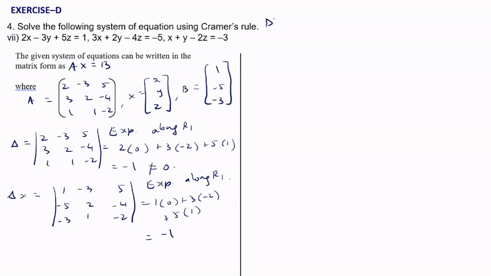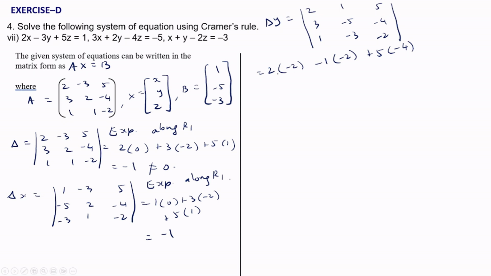Next we have delta y. Delta y is 2, 3, 1, 1, minus 5, minus 3, 5, minus 4, minus 2. So this is 2 into, here we have 10 minus 12, which is minus 2, minus 1 into minus 6 plus 4, which is minus 2, plus 5 into minus 9 plus 5, which is minus 4.